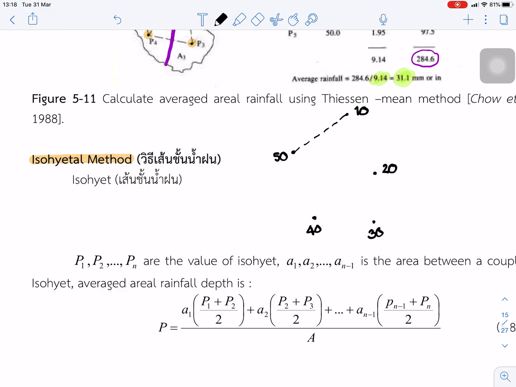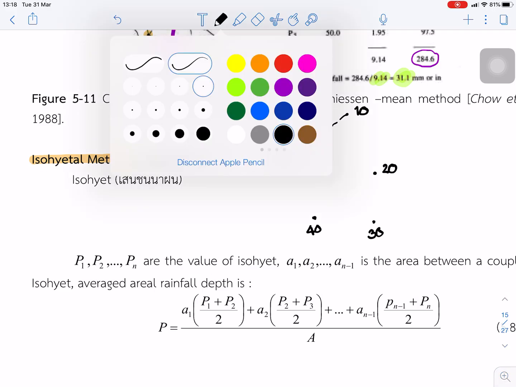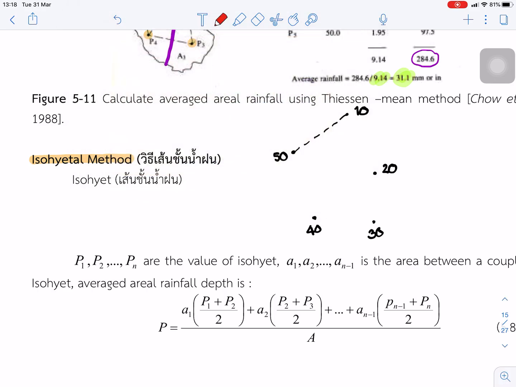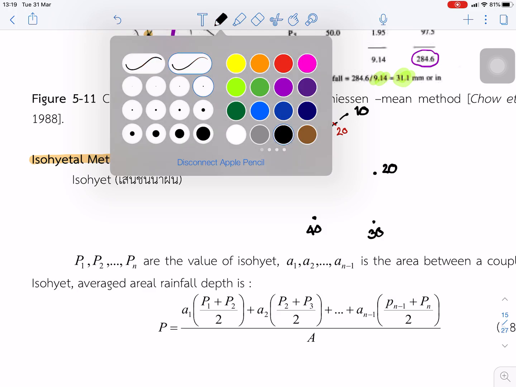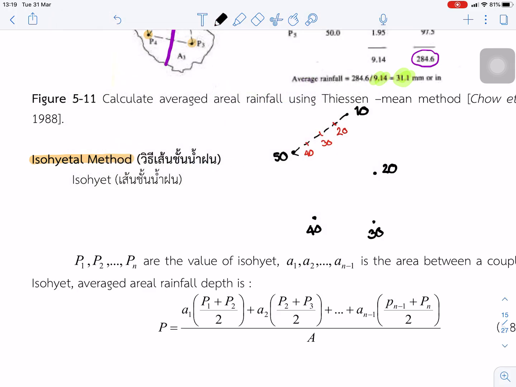The difference between 10 and 50 is about 40. So if we want the contour interval to be 10, we can divide it into 4 lengths, and start from 20, 30 and 40. Okay, and we can do the same between 50 and 20.